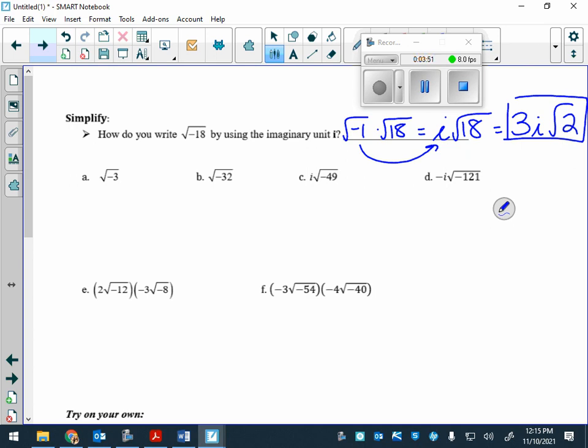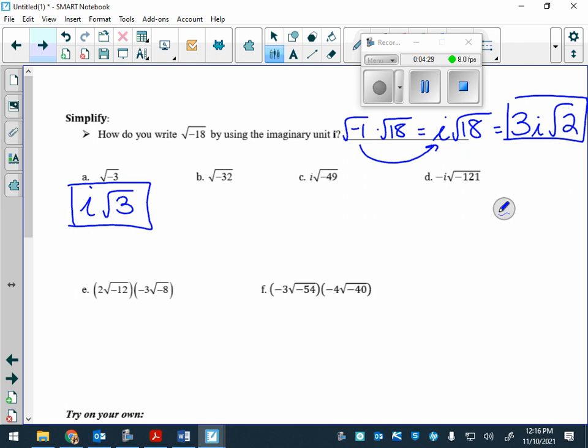Okay? Looking at A, square root of -3. What do I take out first? Rory. An i. And therefore, we are left with 3. Can I do anything with that? No. This would be your final answer. Okay? Try B. Okay.